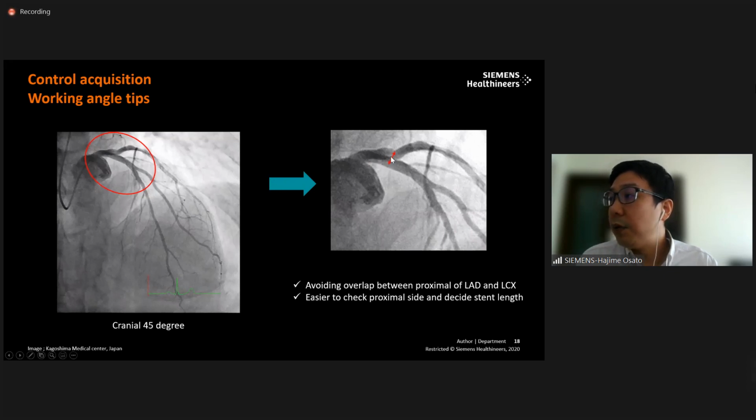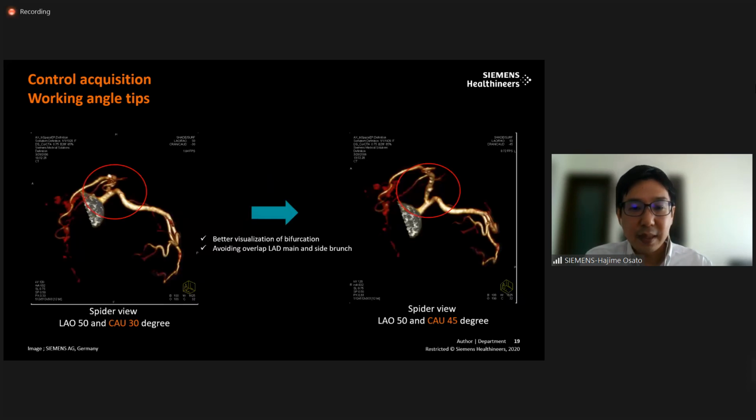Please consider or ask for a good working angle from the radiographer. The coronary tree shape is individual, so there is no specific common answer. And you can use a CT diagnostic image to consider a good working angle.